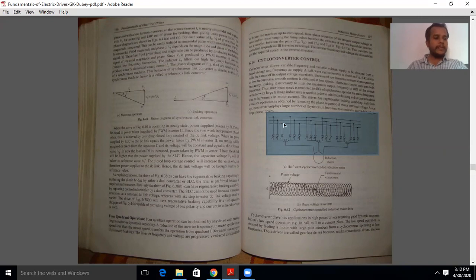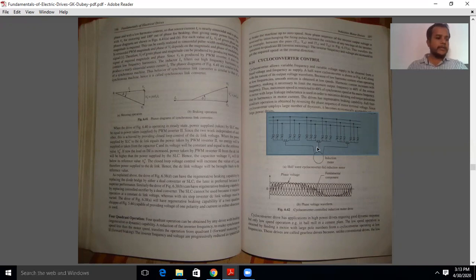By varying the frequency of power supply, we can control the speed of induction motor. Hence it is called the frequency control method. The three phase converter generates mainly the three phase output that is fed to the induction motor.